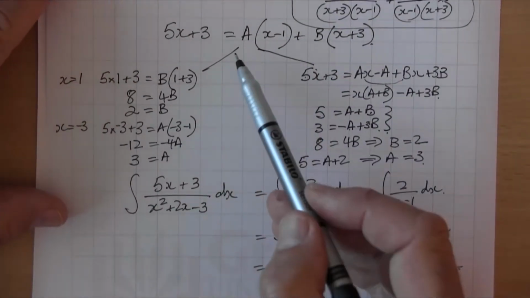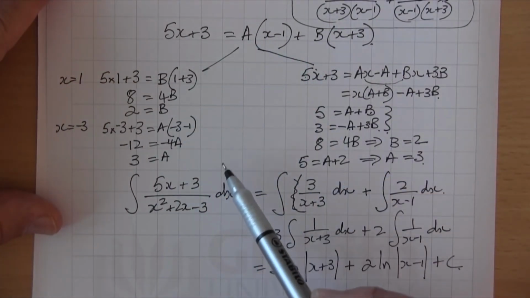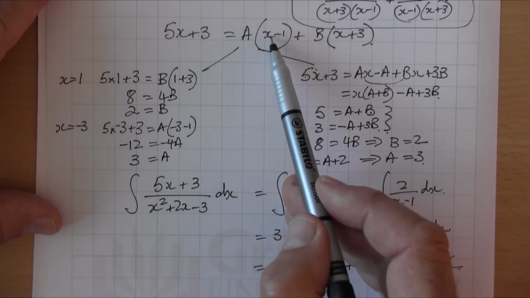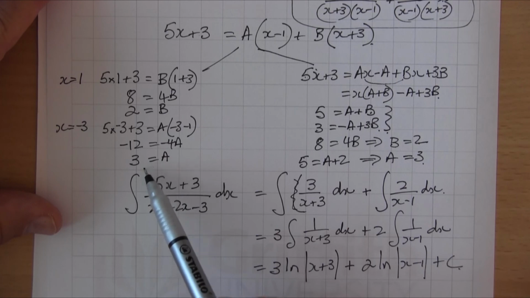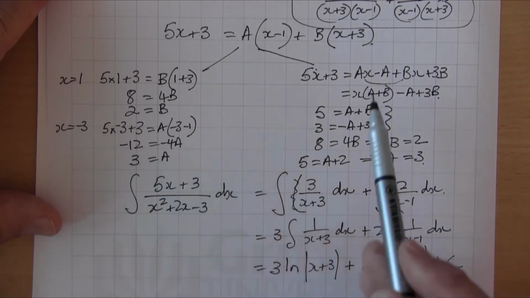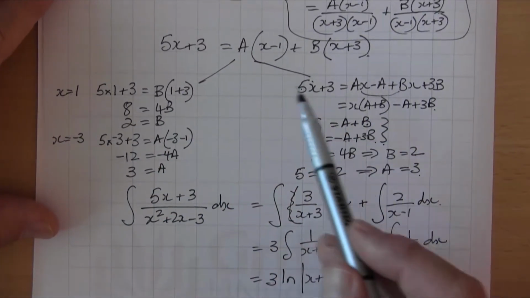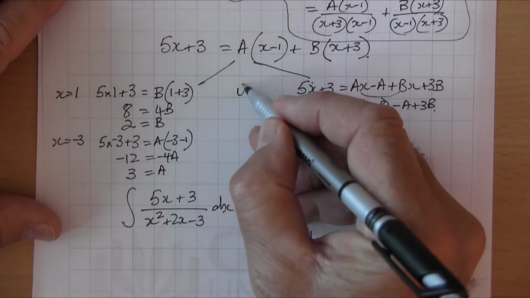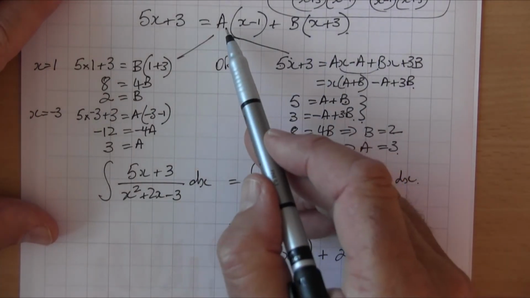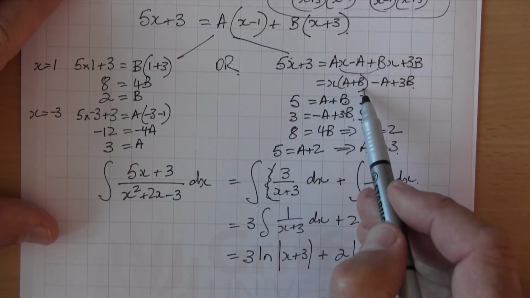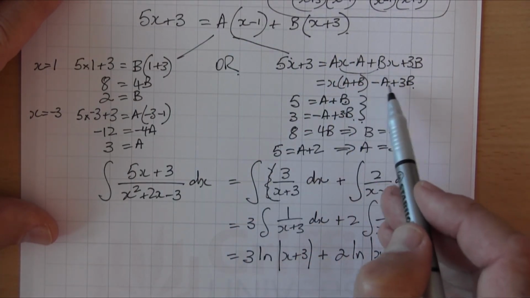2 methods for finding a and b. One is by making this equal to 0 by putting x equals 1, and then making that equal to 0 by putting x equals negative 3. That's one method. An alternate method, so these are or, one or the other, you don't do both, is to get all the x terms together and all the constant terms together.